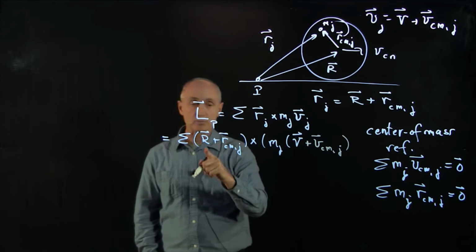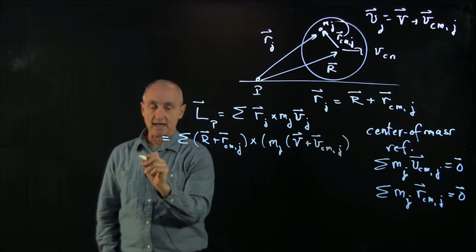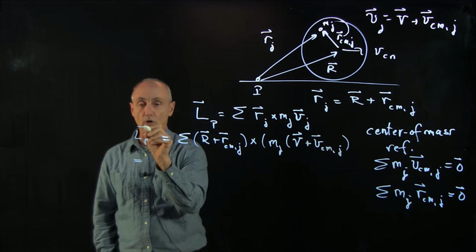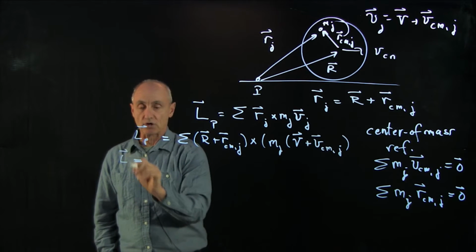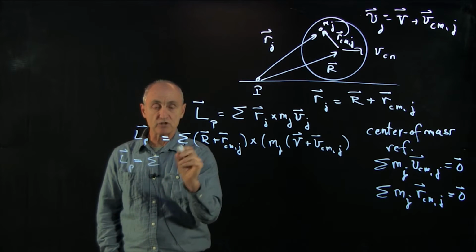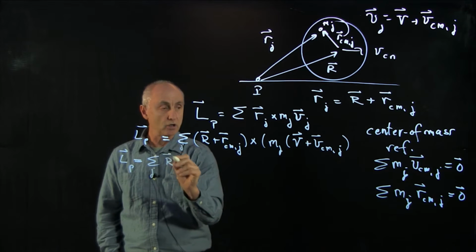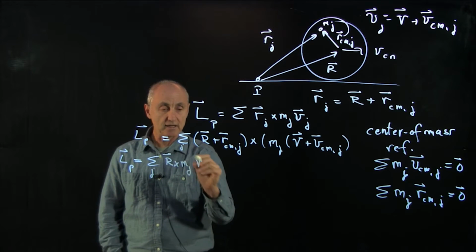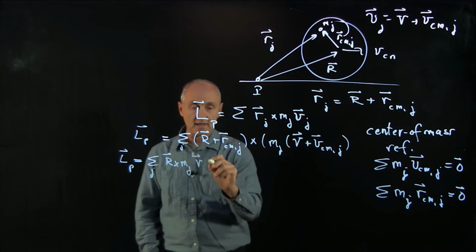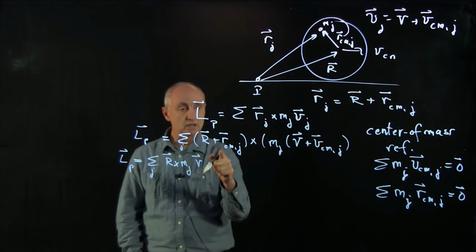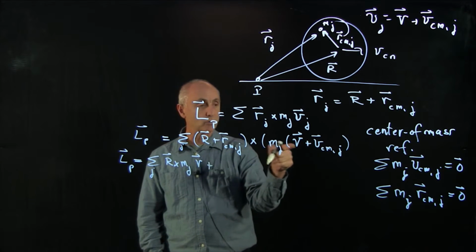Now, we have 4 terms in the cross product. And this time, we'll write them all out. So the first term is the sum over j of r cross mj capital V. The second term is, we'll take this one and we'll cross with that one.